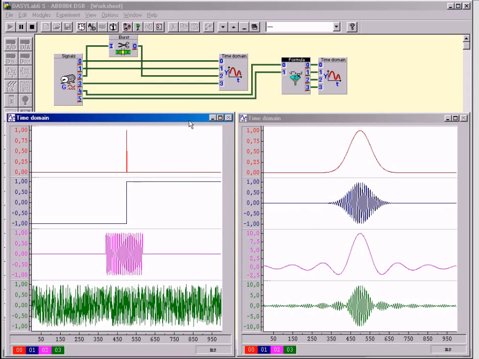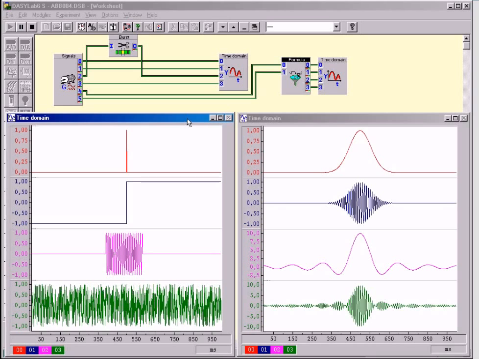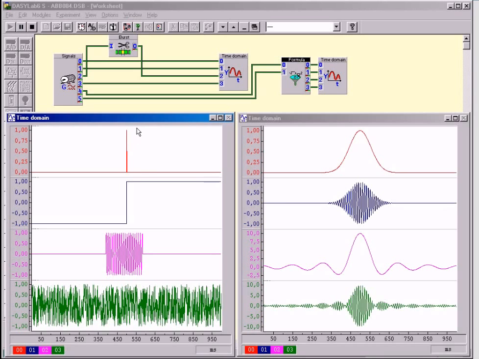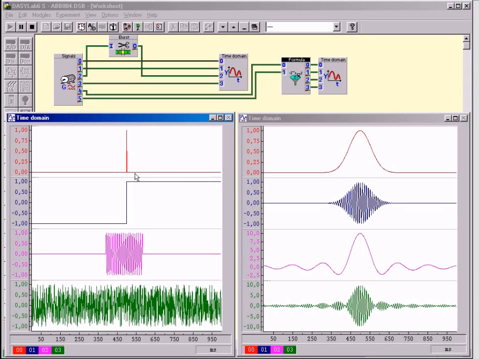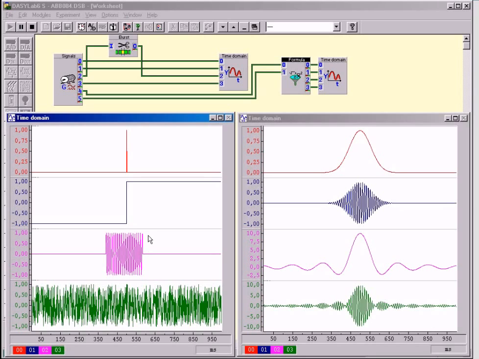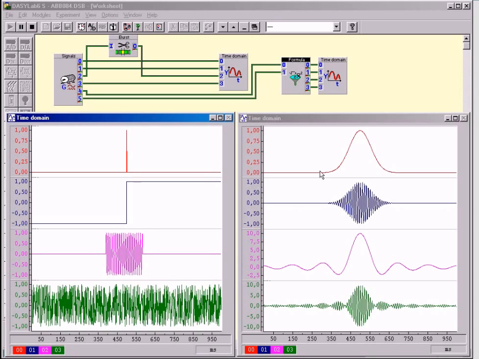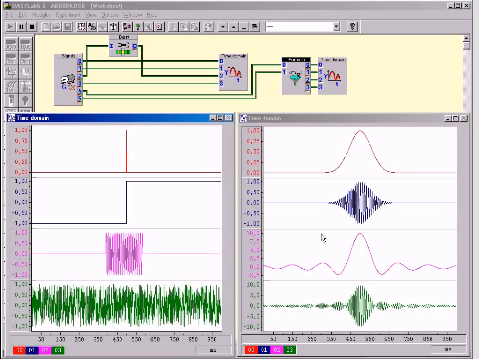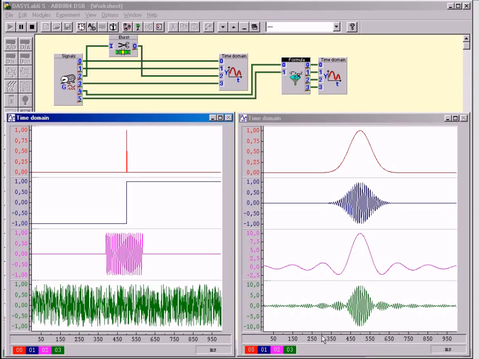Other important test signals are delta pulse, step function, burst pulse, noise, Gaussian pulse, Gaussian oscillation pulse, SI function, SI oscillation pulse.